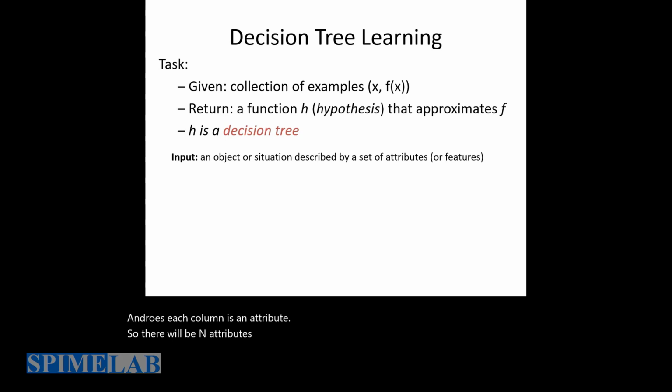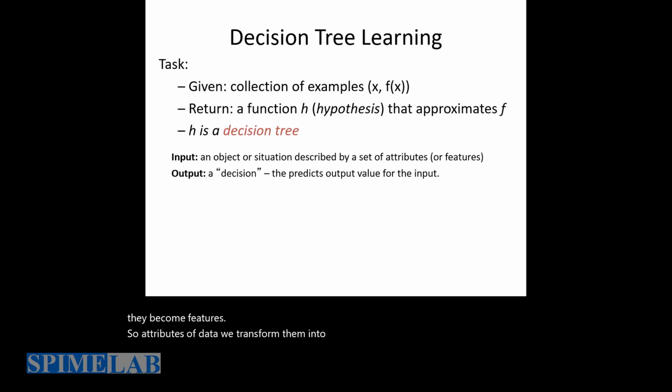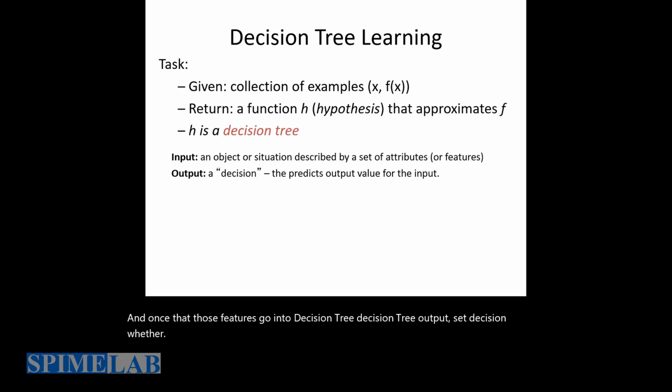We prepare them and do something to make them learnable, put them in a learnable format, and they become features. So attributes of data, we transform them into features. And once those features go into the decision tree, it outputs a decision whether it belongs to class A or B. By it, I mean the X, the set of features.